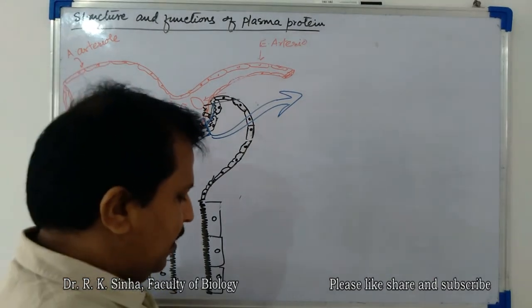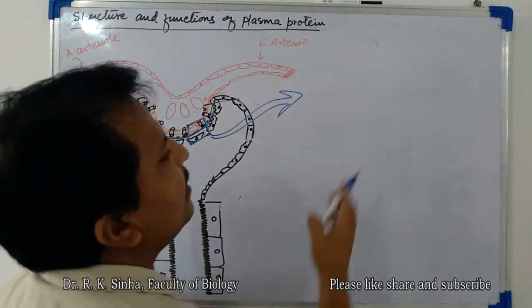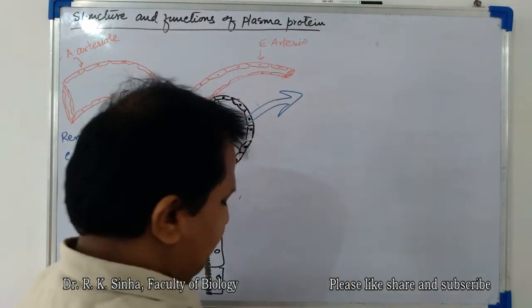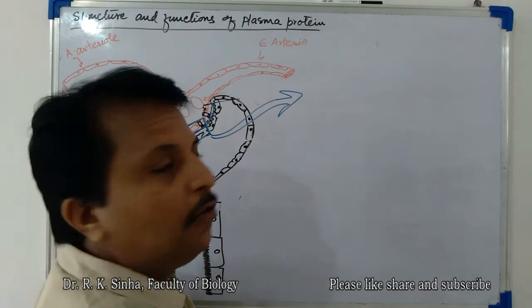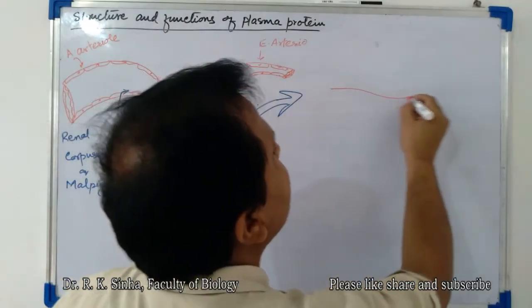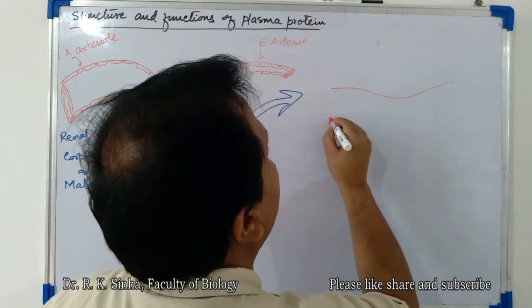So this is the afferent arteriole and efferent arteriole that form the glomerulus. This is the glomerular part.